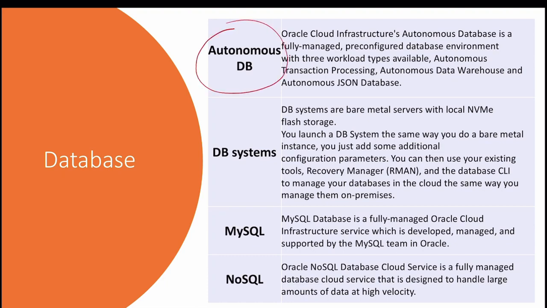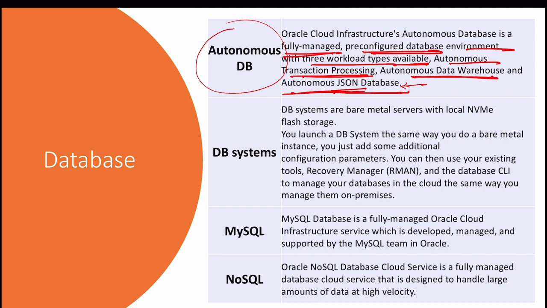If we talk about the autonomous DB on OCI, autonomous DB is a fully managed, pre-configured database environment with three workload types available: autonomous transaction processing, autonomous data warehousing, and autonomous JSON database. In 2020 I did not hear of this feature, the JSON database, but in this one we have it.